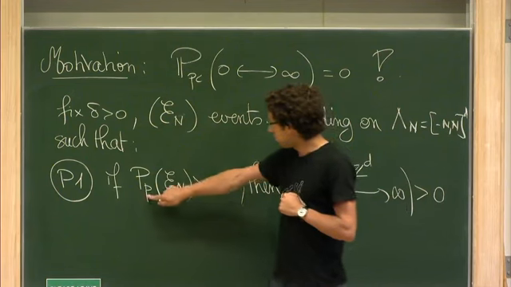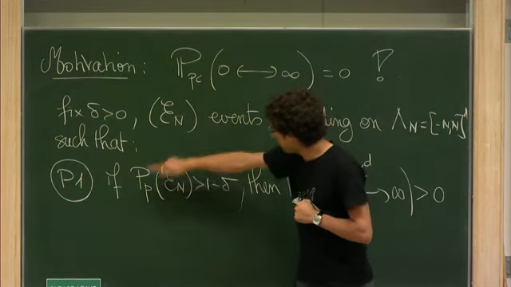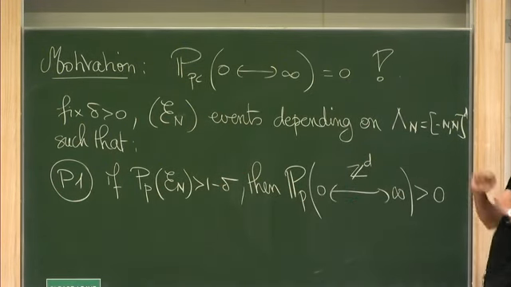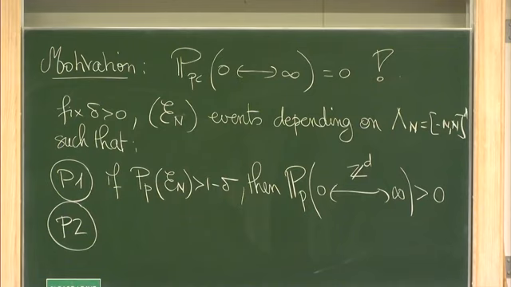Notice that I didn't put pc here. I said if for some p and some n I have that, then I do have percolation. So this is a property.